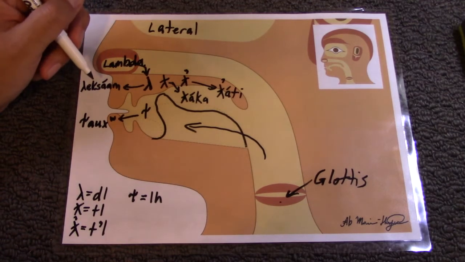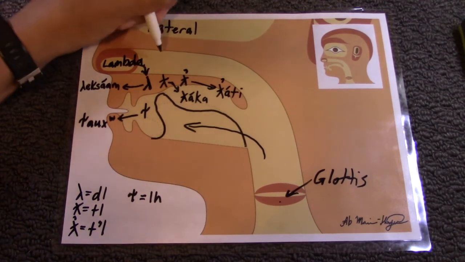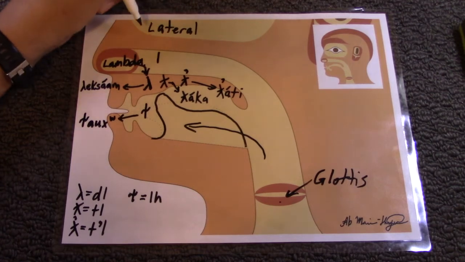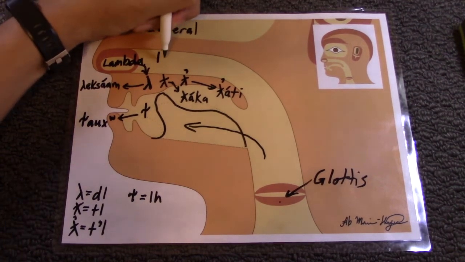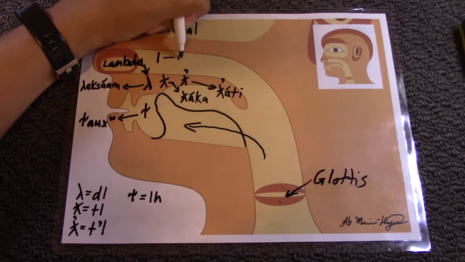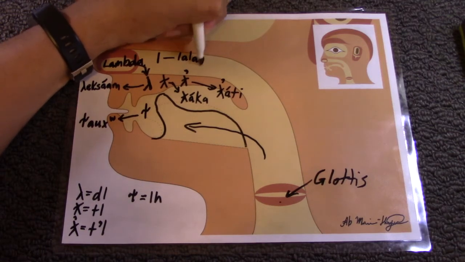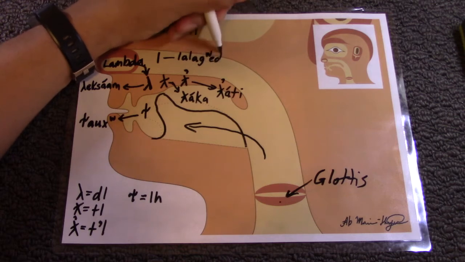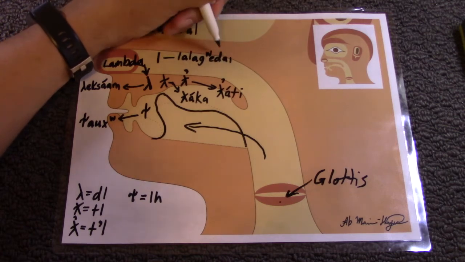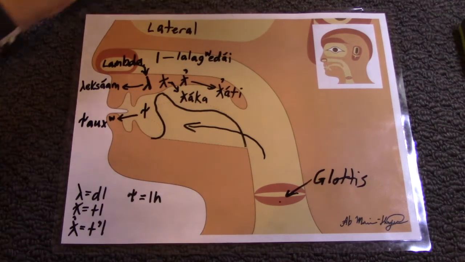We also have a regular L, like in English. An example of this in á'islak is langauge, which means butterfly.